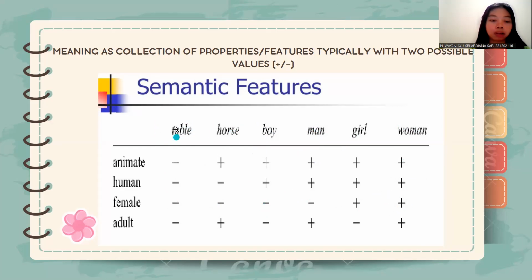And the table would have minus adult, and horse would have plus adult, and a boy would have minus adult, and a man would have plus adult, and a girl would have minus adult, and a woman would have plus adult.